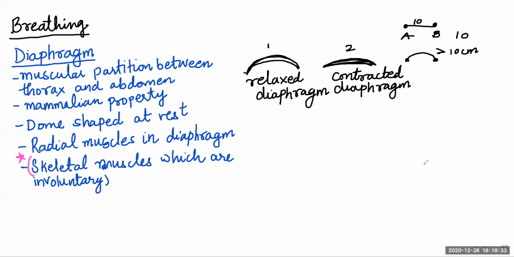Then our next discussion, which is important as far as breathing is concerned, are the ribs. So what do we know about ribs? Okay, what are ribs? Ribs are also called costa.